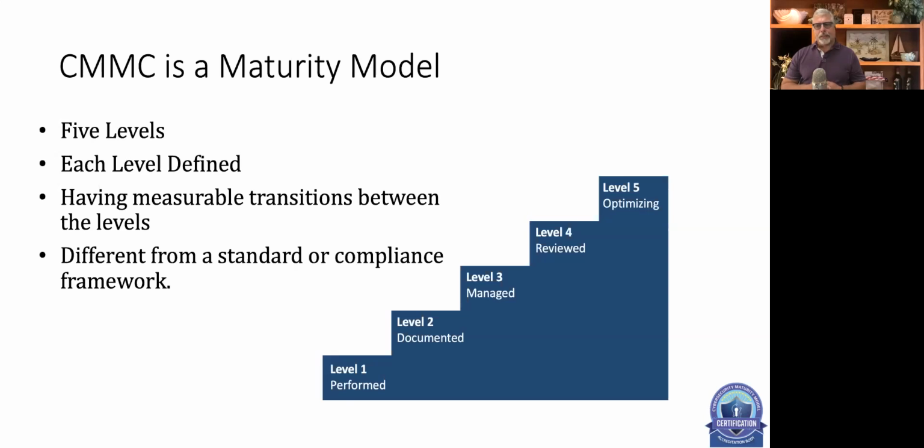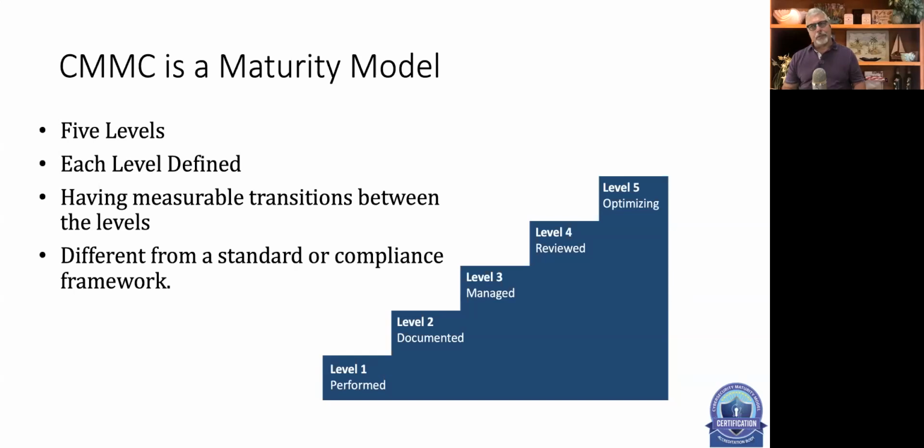And CMMC is both a capability model and a maturity model, meaning that as you move up in the levels, you move up in capabilities, you add new functionality into the model, new capabilities. But also there's a maturity requirement that as you move up in the model, you have different levels of institutionalization.